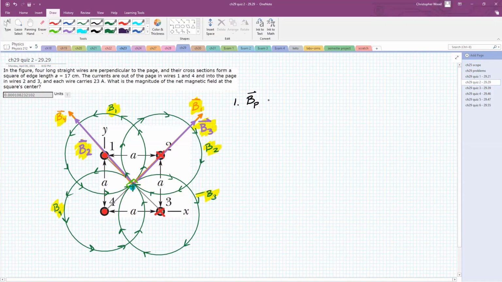I can use a lot of symmetry here because each wire is carrying the same current.